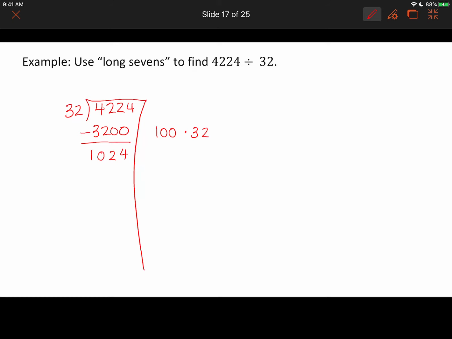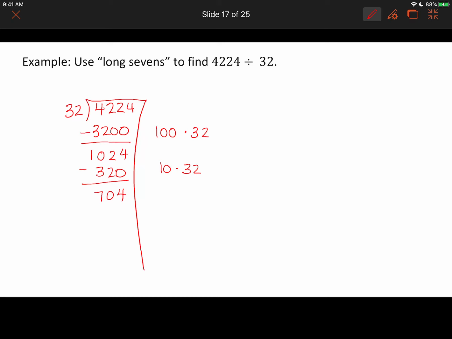And so maybe now I don't really know what to do. Let's multiply by 10. So 10 times 32 is 320. So I get 704.